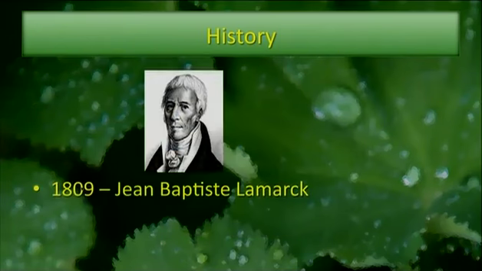Now in 1809, Jean-Baptiste Lamarck, who's kind of famous in terms of evolutionary theory, was the very first to state that no living thing can actually be alive if it's not composed of cells. So he was the first one to articulate that living things are made up of one or more cells.